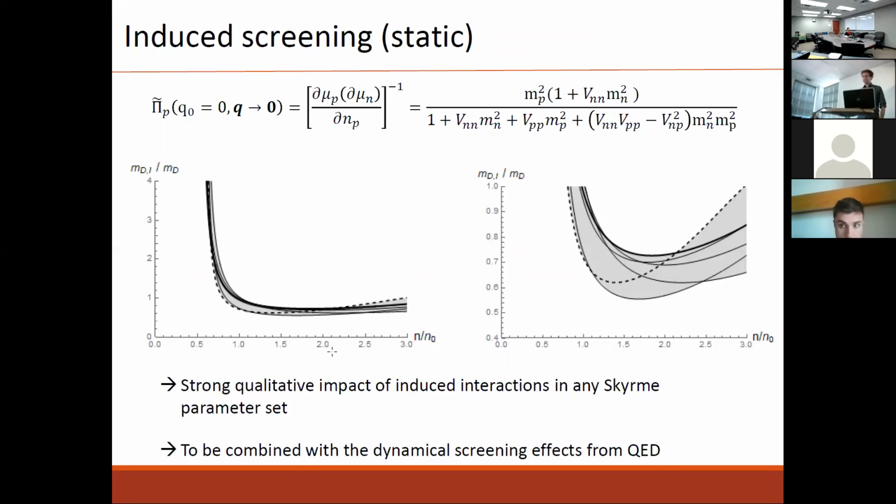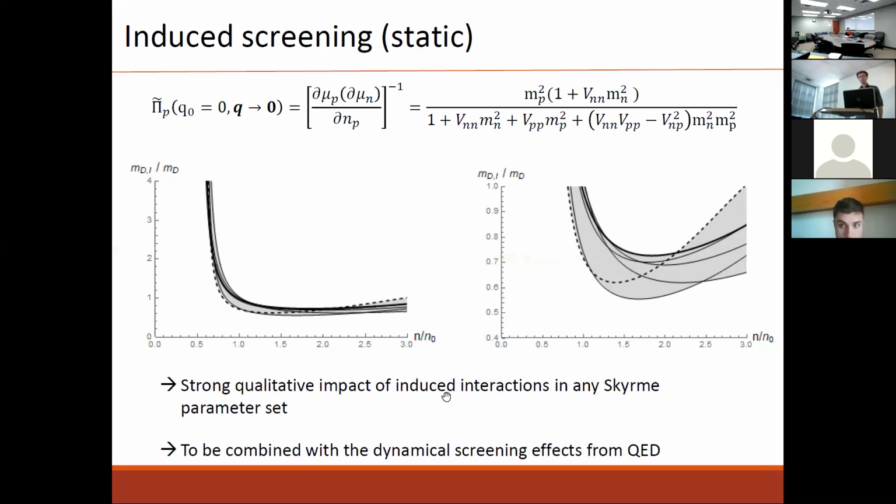Okay. So the easiest thing you can do now is ask for the screening mass in the static limit again. Now I'm just looking at the strongly interacting sector. I just want to know what is the contribution to the photon screening coming from protons and neutrons which are interacting strongly. If I take the static limit of the polarization tensor, it gives me this expression.